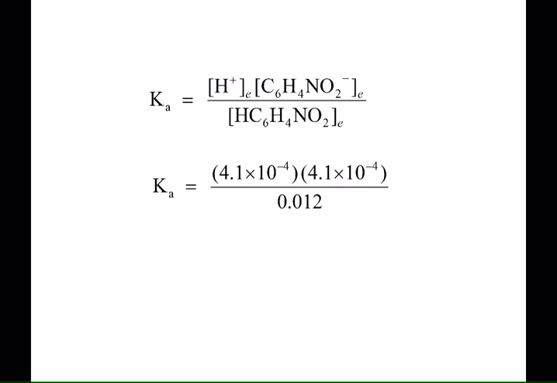In the denominator you have the molar concentration of the unionized niacin, which is that 0.012. Multiply it out, round it to two significant figures, you get a Ka value of 1.4 times 10 to the minus 5th.